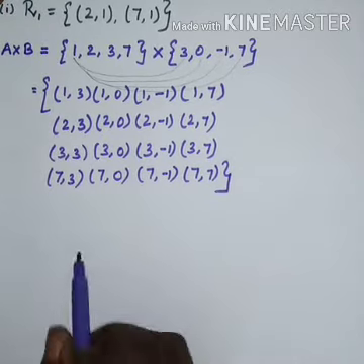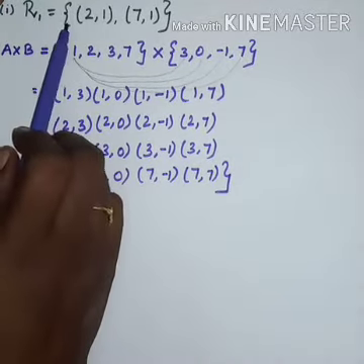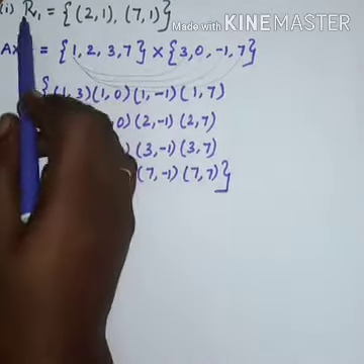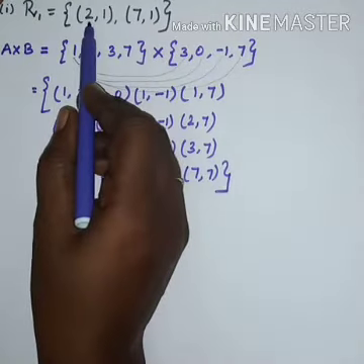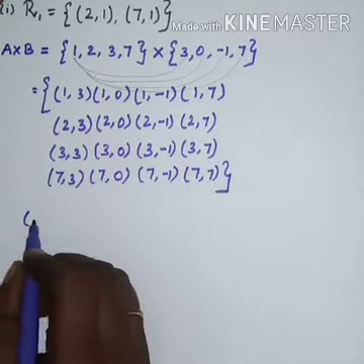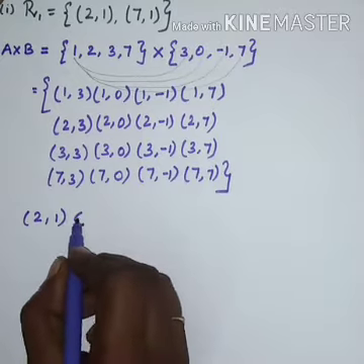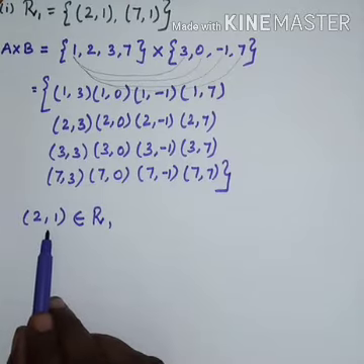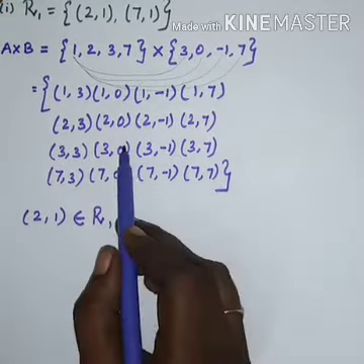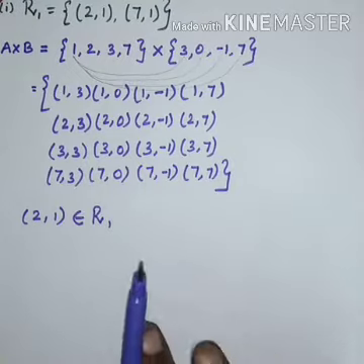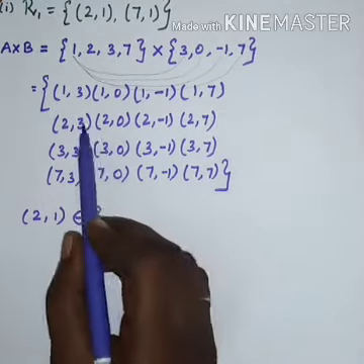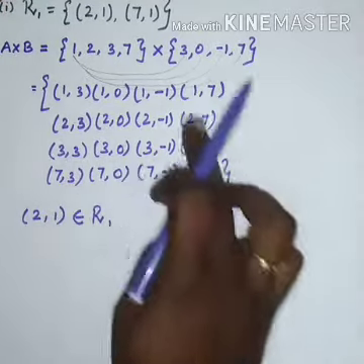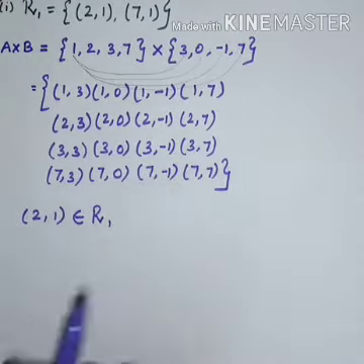Next, we have to identify whether this R1 is a relation or not. Here, two elements are there in R1. The first element is (2, 1). (2, 1) belongs to R1. We have to check whether this (2, 1) belongs to this A cross B or not. So check (2, 1) is there or not. Here, there is no element (2, 1).